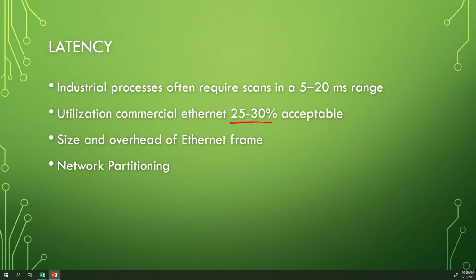But if everybody's sending all this information and that channel is full, even though we're trying to send a few bits, you have to wait your turn to send your message. Now that 10 meg is not enough. Even though we're not transferring a lot of data, there are a lot of messages being sent back and forth from one device to another, so you can saturate your computer network. We need to keep our utilization lower.